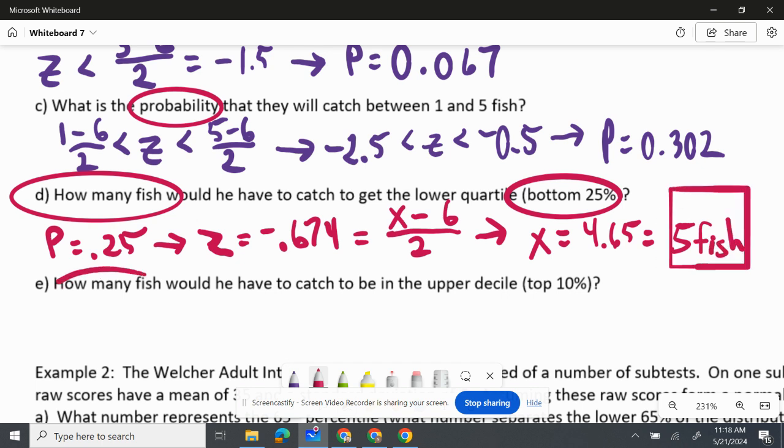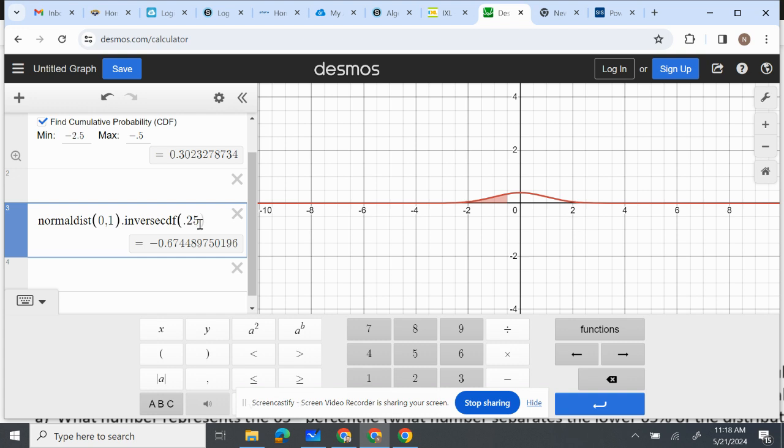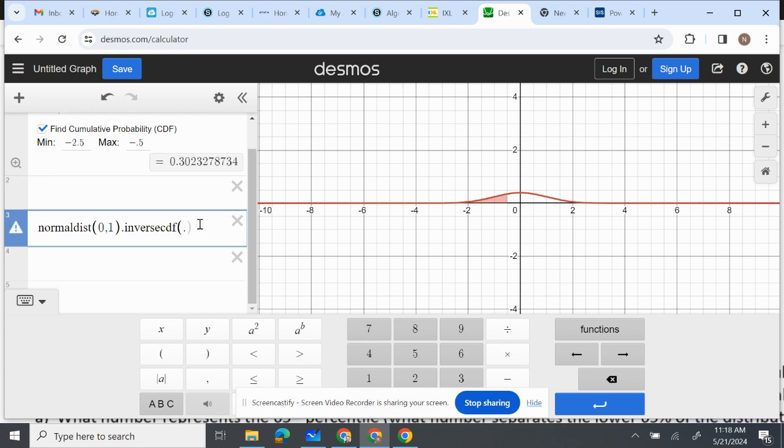So this time, how many fish? So we're going in the opposite direction. So our probability is 0.9. Notice that it's not 0.1 because it's the top 10%. If you're in the top 10%, you're the 90th percentile. We're going to find our z-value. And so with 0.9, that gives us 1.28.